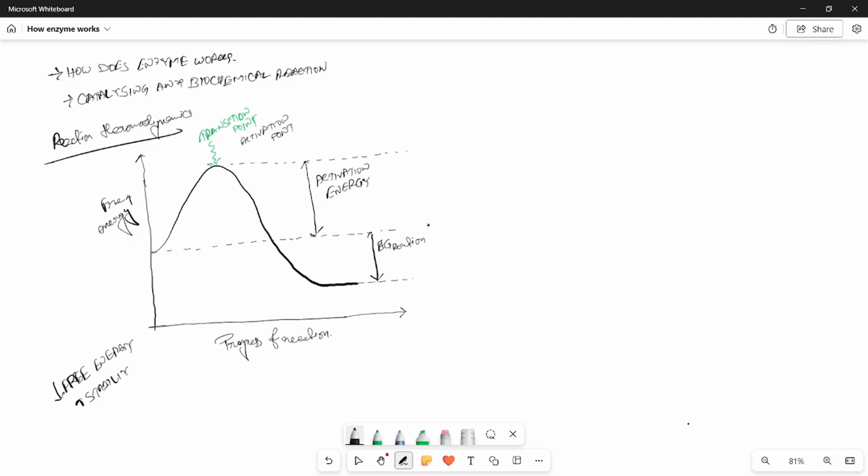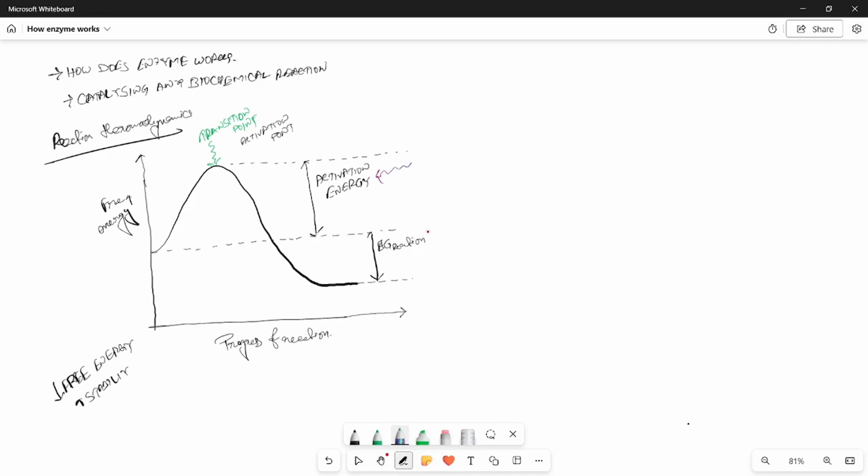This explains why any reaction takes place and how we can identify which reaction will take place and which will not. Now, what an enzyme basically does is affect this activation energy.